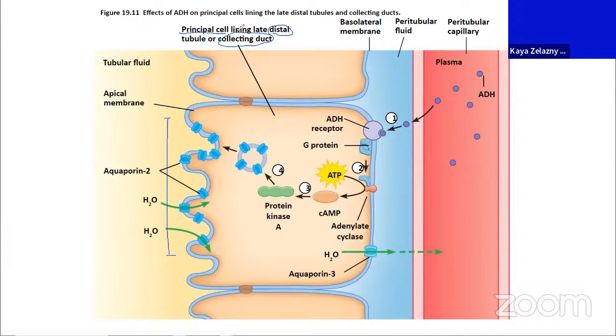We always have our aquaporin 3 ready to go here on the basolateral membrane, so we can always let water escape from the cell into the plasma. But we've got a big question mark about this aquaporin 2. This is the one that we maybe have, maybe don't have, depending on what's going on with our hormones.